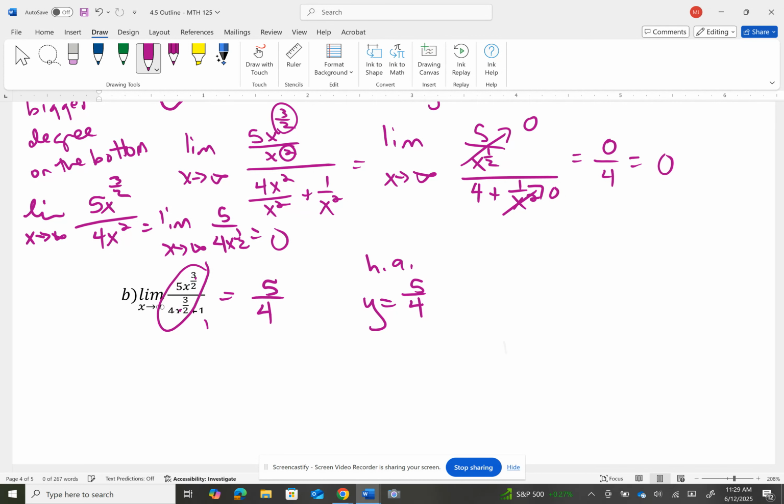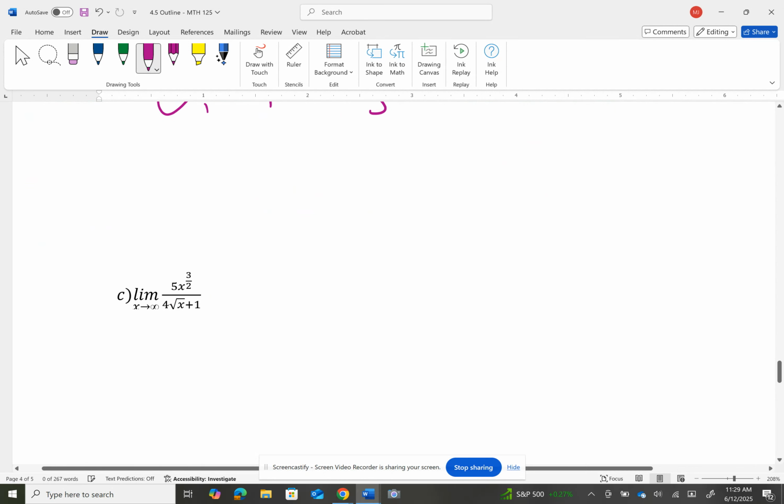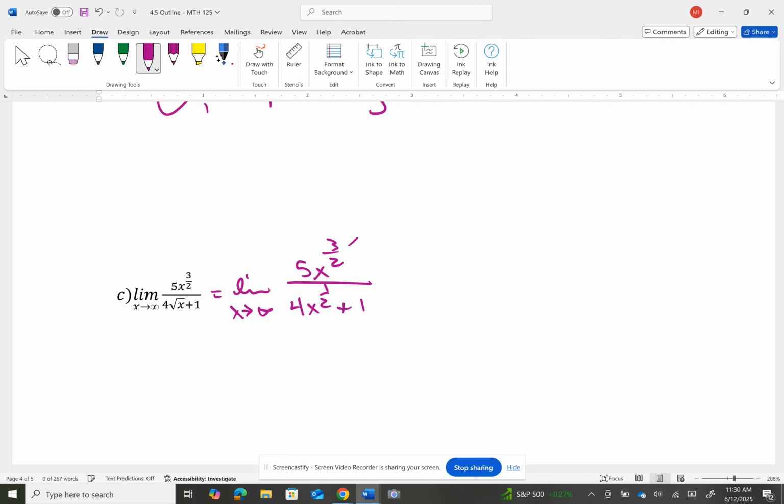Okay. This one is equal to, down in the denominator there, I really have 4x to the 1/2 power plus 1, in the numerator 5x to the 3/2, bigger on top. Okay, that means there's going to be no horizontal asymptote.